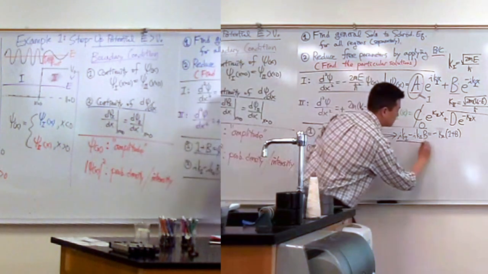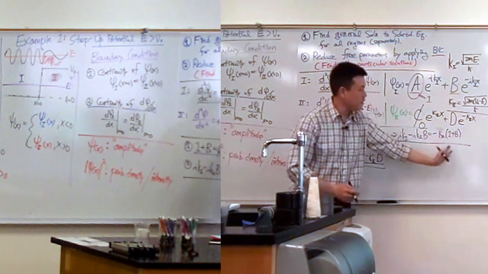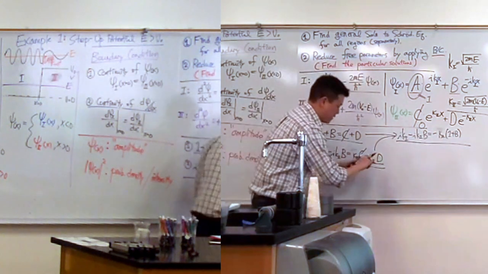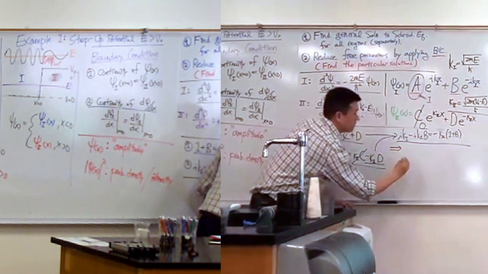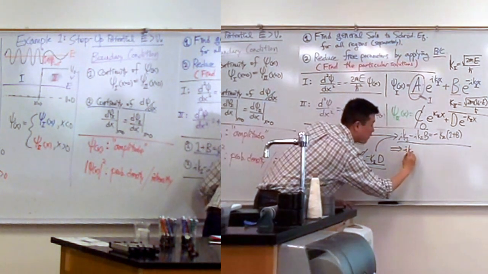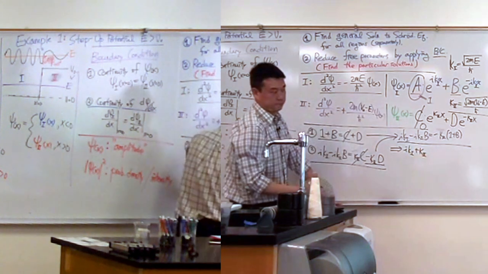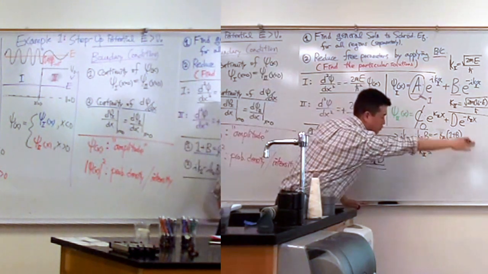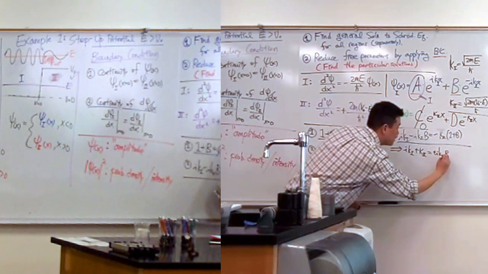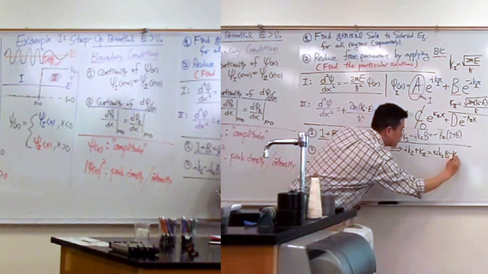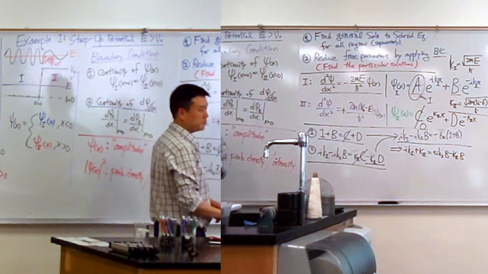All right, that seems like simple enough algebra, but maybe not that simple. Okay, I'll move B over, move kappa over. Then when you do that, this is what you end up with: ik1 plus kappa 2 is equal to, having moved the B over, plus ik1b minus kappa 2b. Everyone good?